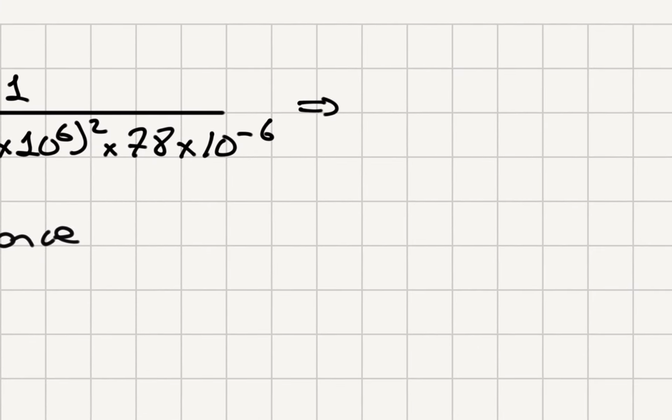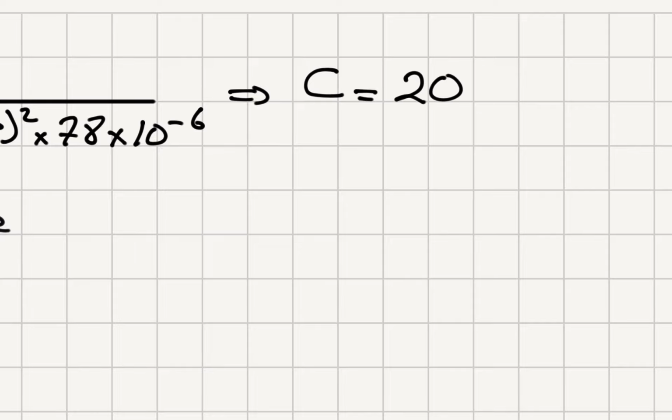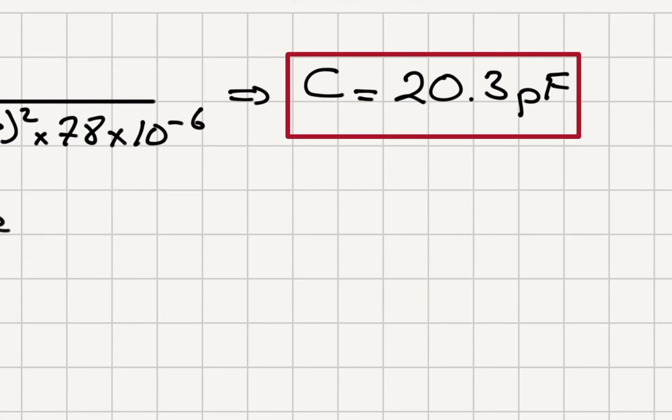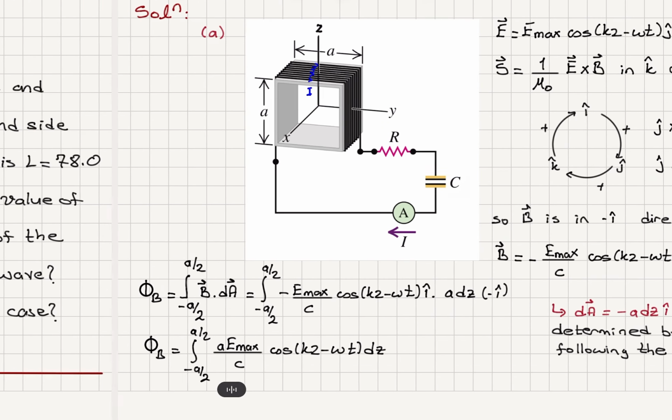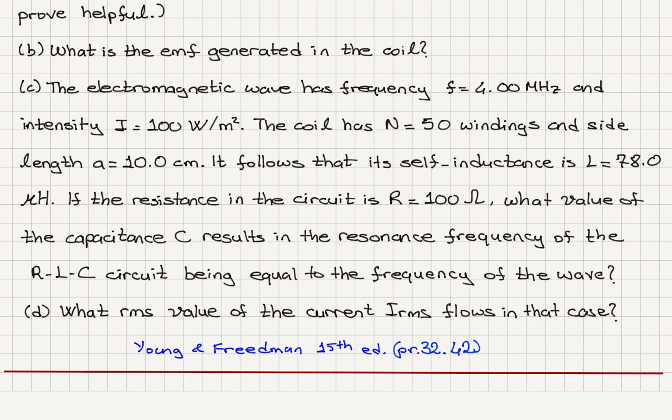This gives us a capacitance value of 20.3 picofarads. Now the last part of this problem asks us what RMS value of the current I RMS flows in that case.